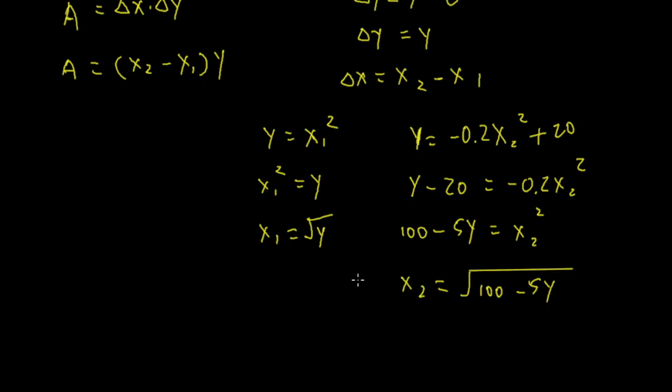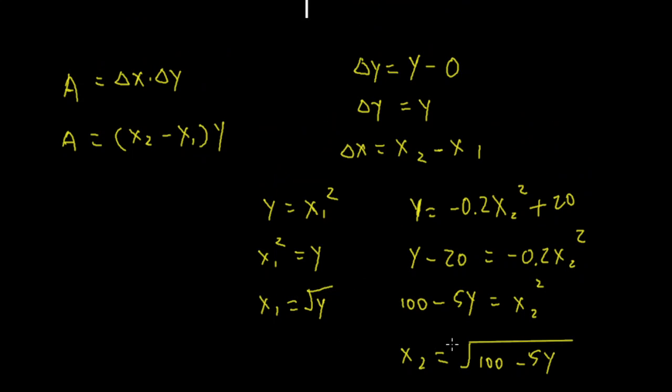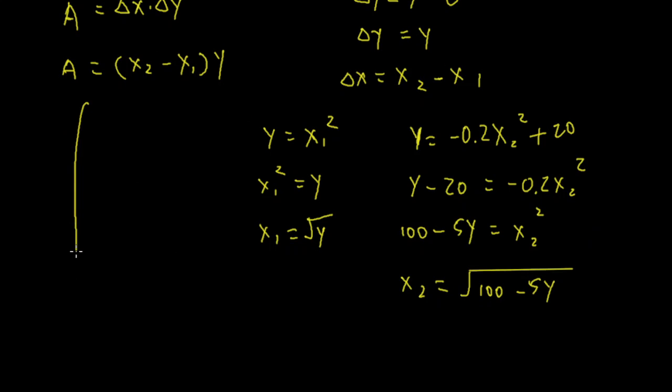Okay, so now we have x2 in terms of y. We have x1 in terms of y. We can just replace x2 and x1 into this formula here, and then we have everything in terms of y, right? That's how we should do it. Okay, so let's carry on from here.